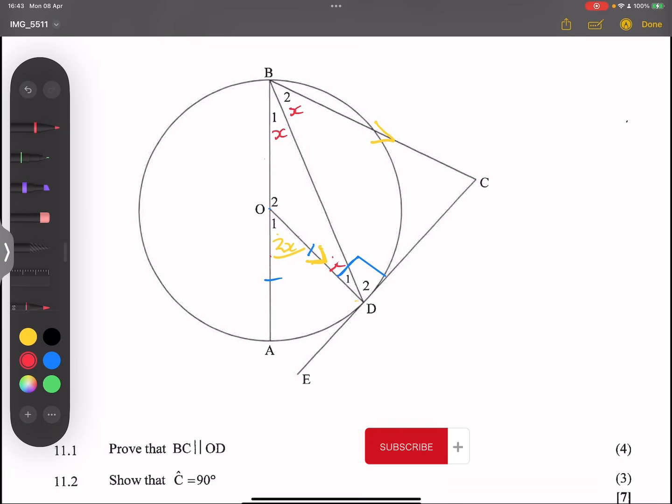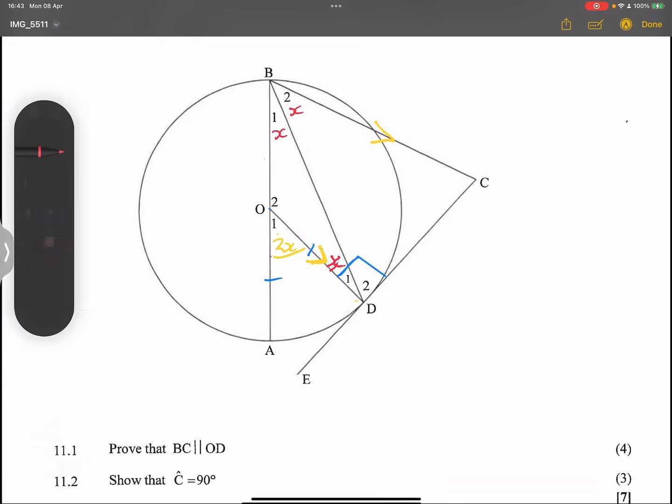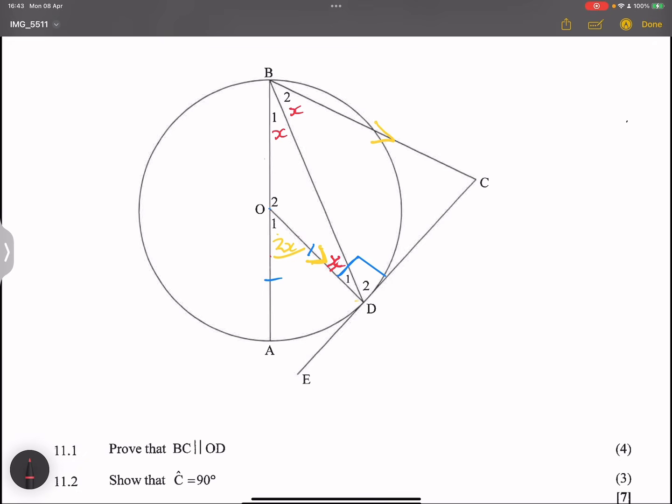We cannot assume them to be parallel. So we either have to prove that alternating angles are equal, or we have to prove that corresponding angles are equal. Or in this case, we can prove that the co-interior angles are supplementary. Right, so let's start. Remember, where did we start? We said B1 is equal to B2.